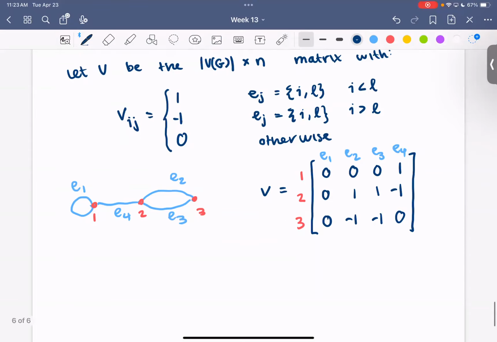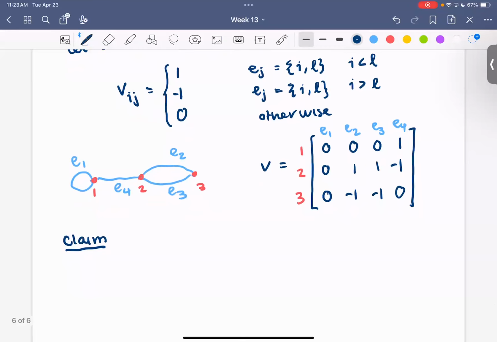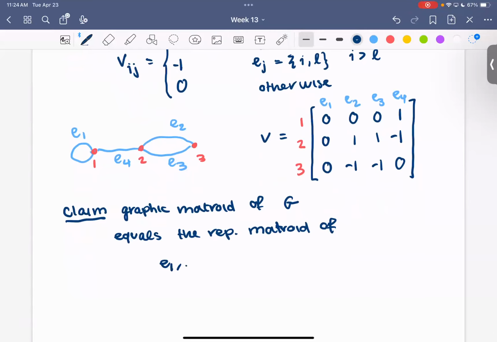Okay, so then the claim is that the graphic matroid of G equals the representable matroid of E1 up to En inside of, so for the ambient vector space, we don't actually just want to take R to the number of vertices.